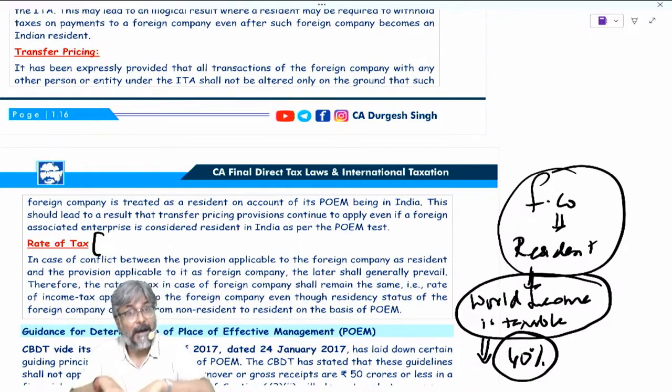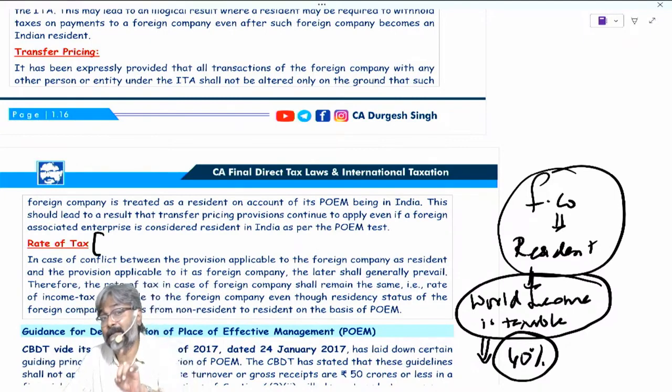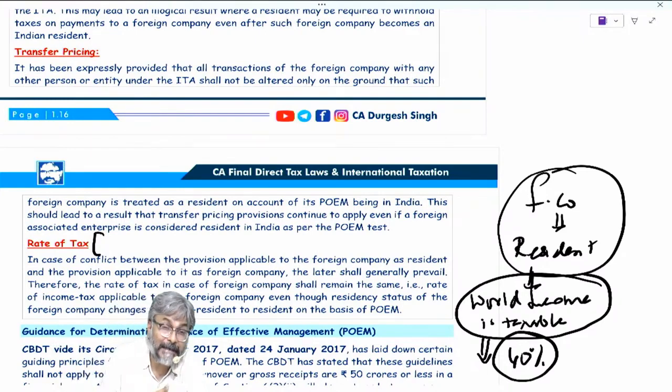And if you are a resident, how much is taxed? The world income. But at what rate it will be taxed, that depends upon whether the company is a foreign company or a domestic company. A foreign company whose POEM is in India becomes a resident in India.